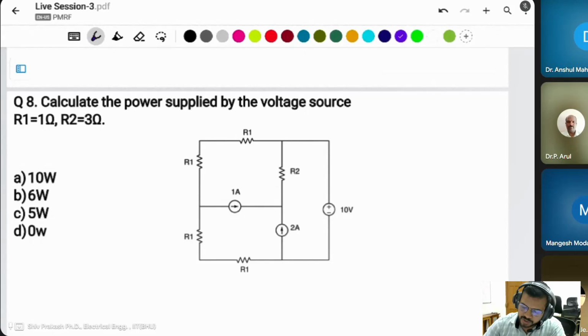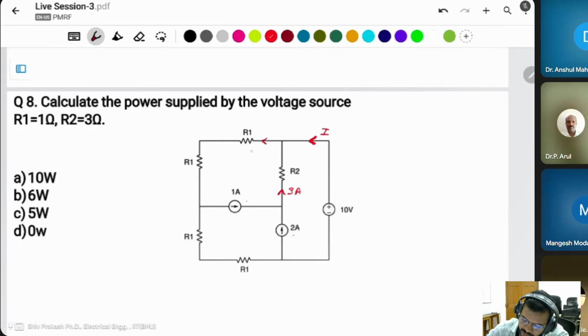This is a voltage source. Power supplied means power is delivered by this voltage source. Then you can say the current direction is this one. Let the current be I. After this there is a 2 ampere current and a 1 ampere current, so the total here is 3 ampere, and this is 3 ampere, this is 1 ampere.